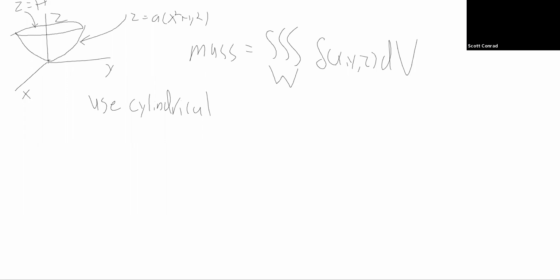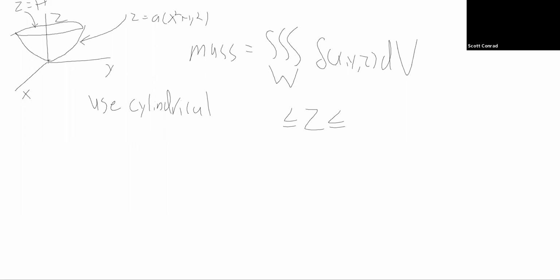So let's use cylindrical coordinates here. So z is bounded below by a times x squared plus y squared.